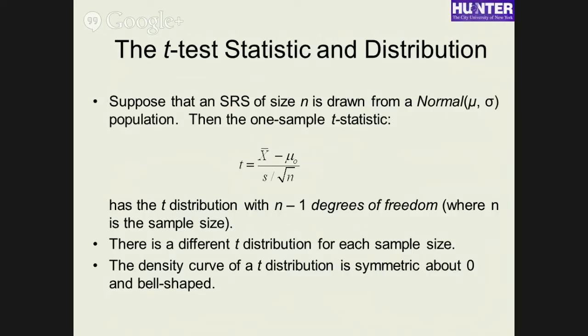The normal distribution has two parameters, a mean and a standard deviation. That was it. The t distribution has a mean, a standard deviation, and also degrees of freedom.